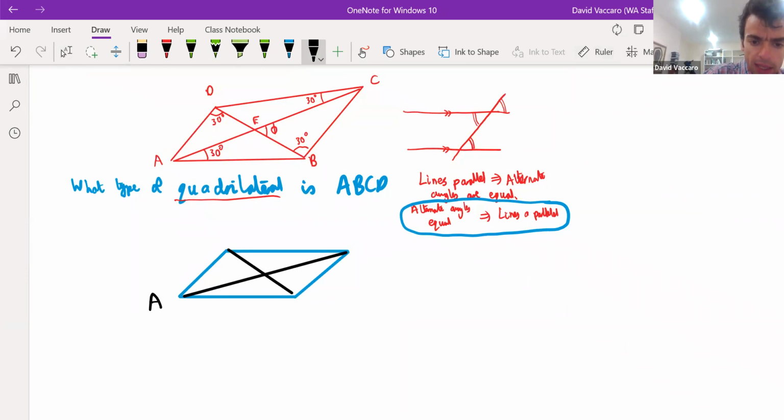So we've got A, B, C, D, and E. And we've got 30 degrees here, 30 degrees here, and 30 degrees here.